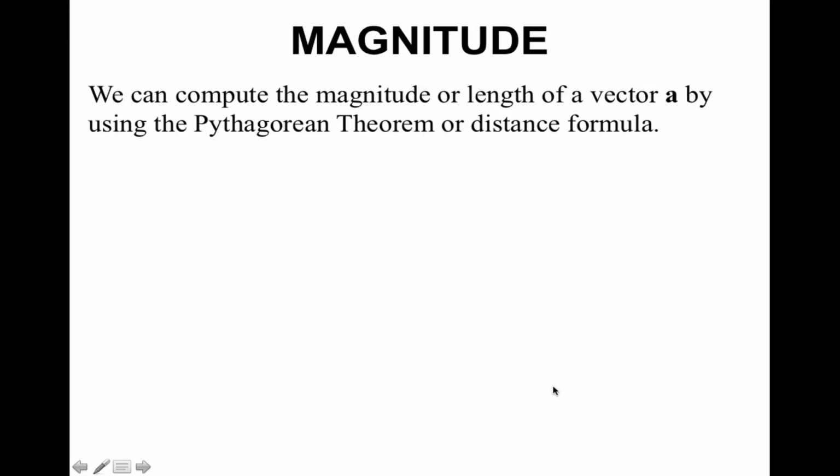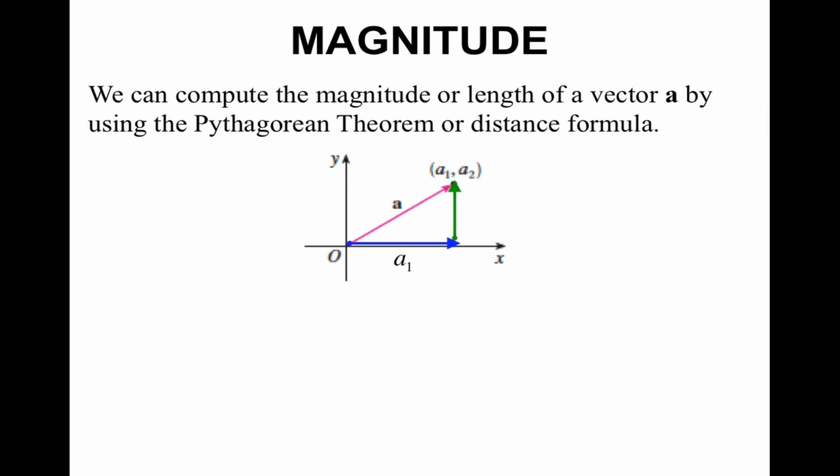Magnitude. We can compute the magnitude or length of a vector A by using the Pythagorean theorem or the distance formula. So if we look at our typical example of vector A, we have a horizontal component, which is represented by A sub 1, and a vertical component, which is represented by A sub 2.